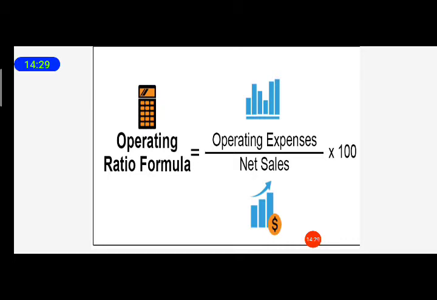Under normal conditions, the operating ratio should be low enough so as to leave a portion of the sales sufficient to give a fair return to the investor. When more capital is needed, the operating ratio should be lower.